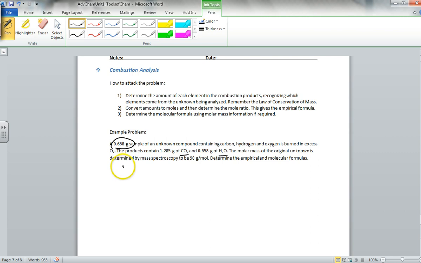So we end up producing 1.285 grams of carbon dioxide. And based upon the formula of carbon dioxide, we know that there's one carbon and two oxygens, which tells us that the mass of this compound is 44.01 grams per mole.